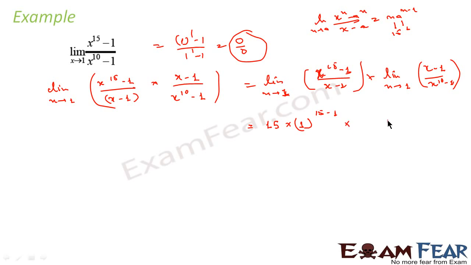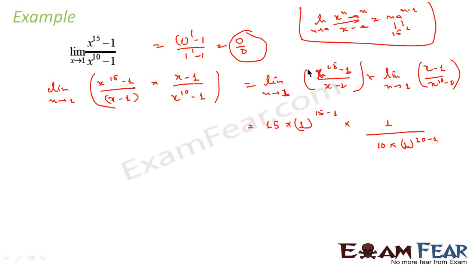Into 1 by, if you see, the value of this will be 1 by n, which is here 10, a is again 1 and n is again 10, so 10 into 1 to the power 10 minus 1. This is the value we'll get. What we have done, we have simply used this formula, limit of x to the power n minus a to the power n by x minus a is nothing but n a to the power n minus 1, correct?